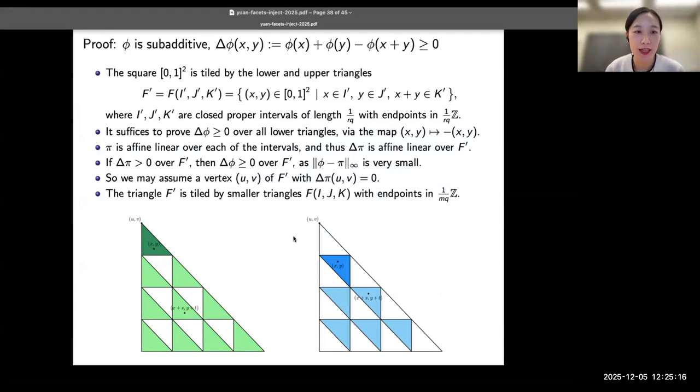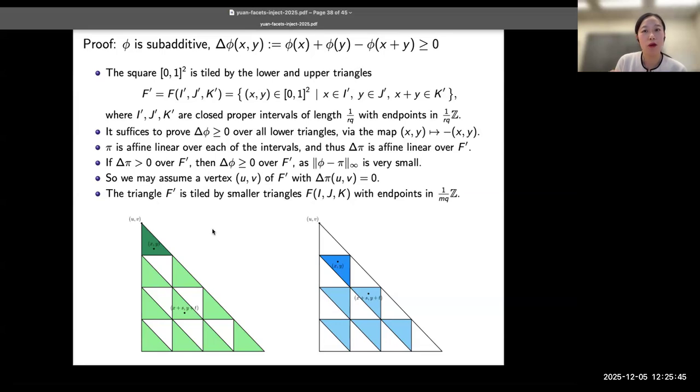We already know that because of the piecewise linearity, it is periodic. And we just use this property and look at the canonical triangles of grid length 1/rq, where pi is affine linear.